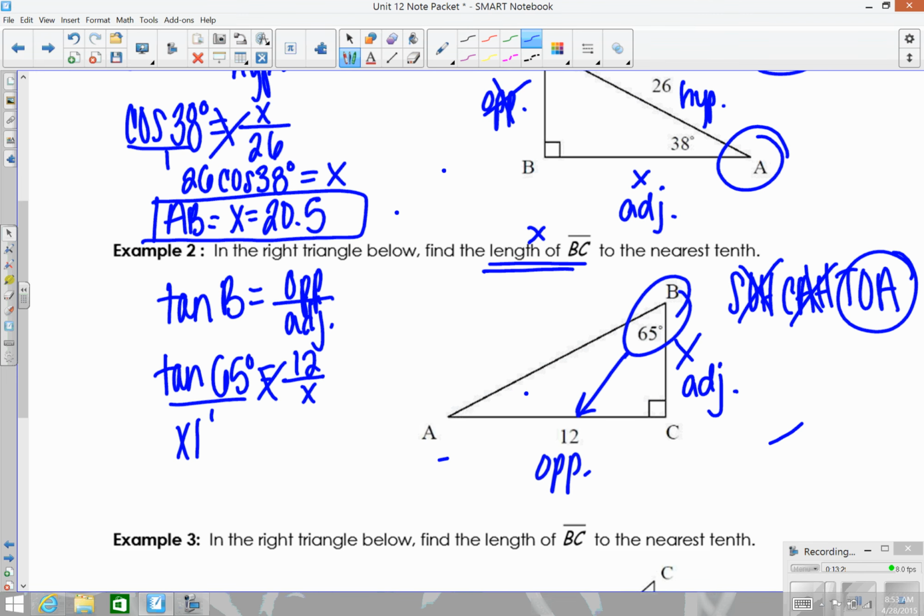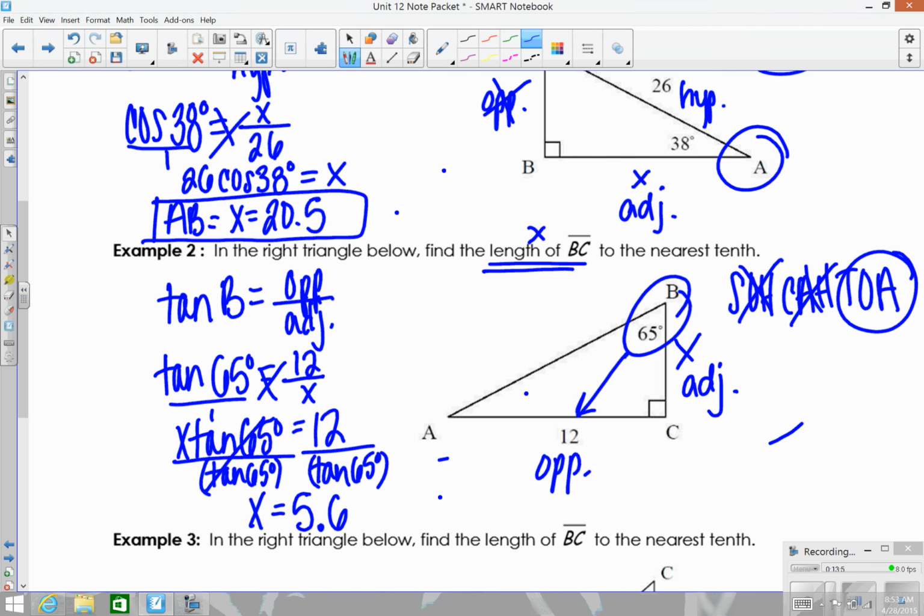So x times tan of 65 degrees equals 12. To get x alone, divide both sides by tan of 65. Remember, tan of 65 is just a number. So those cancel, and we get x equals 5.6 in the calculator, and that's the length of BC.